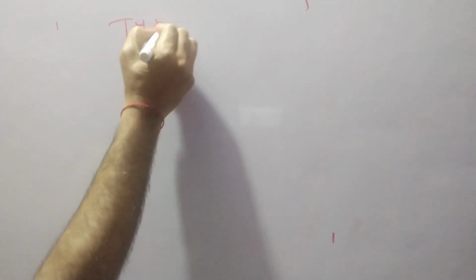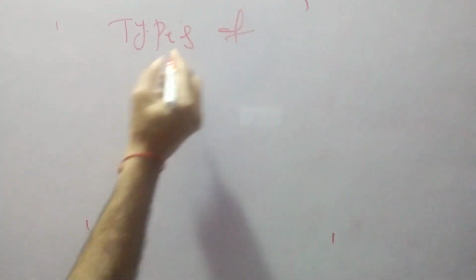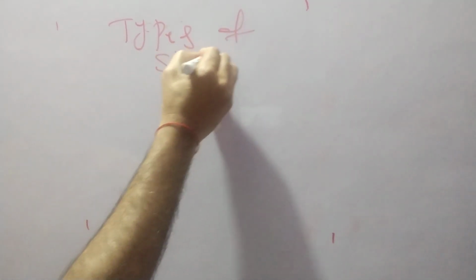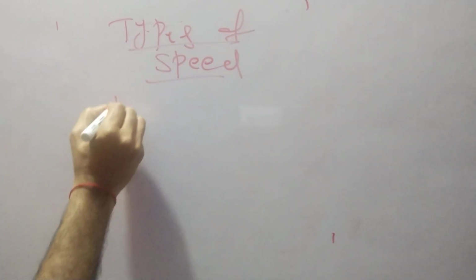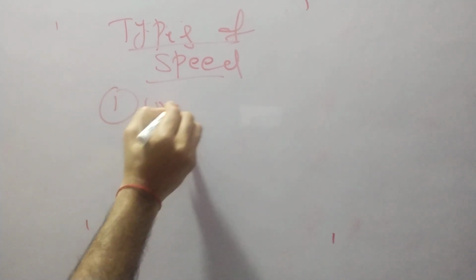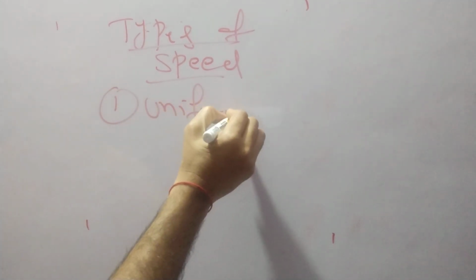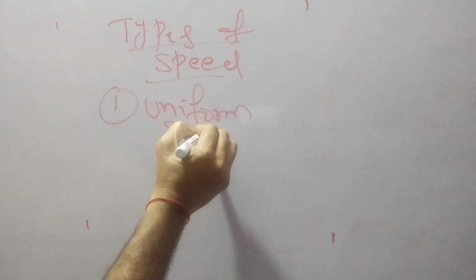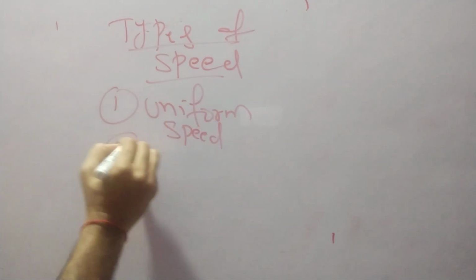Next, these are the types of speed. First one is uniform speed. Second one is non-uniform speed.